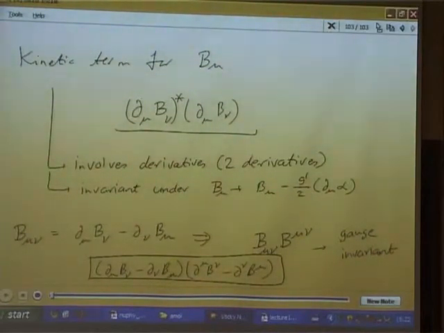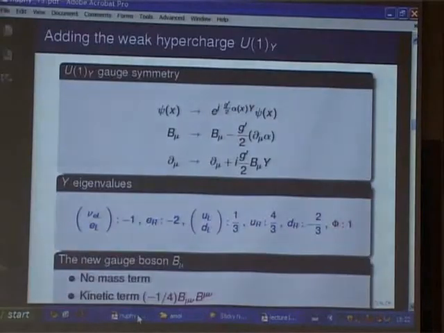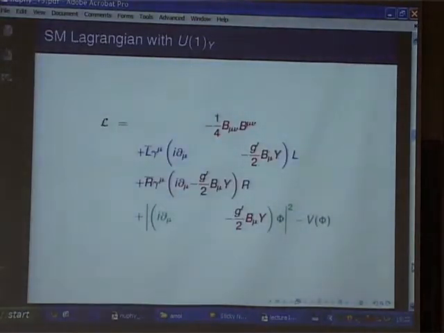So this you can check. Therefore, the net result is that if you use all these transformations, then we can introduce consistently this U1 gauge symmetry. When we do that, the Lagrangian looks basically like this.